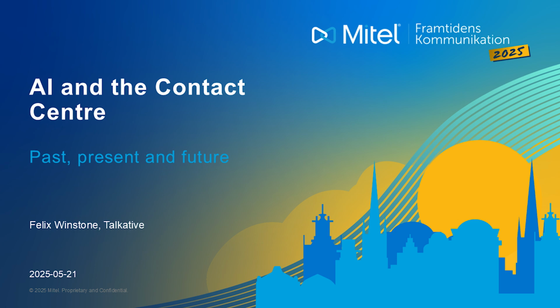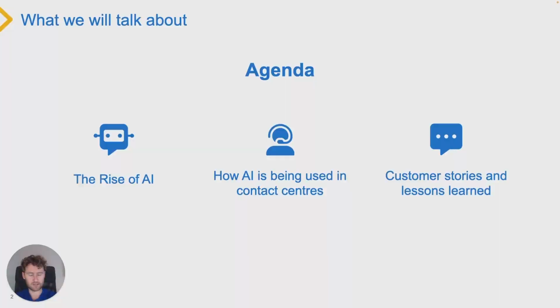Here is a talk I gave last week in Sweden about AI and the contact center. In this talk, we're going to be discussing how AI is being implemented in contact centers today and talking about some customer stories, some practical lessons learned, and hopefully some useful information when it comes to considering how to deploy these systems.